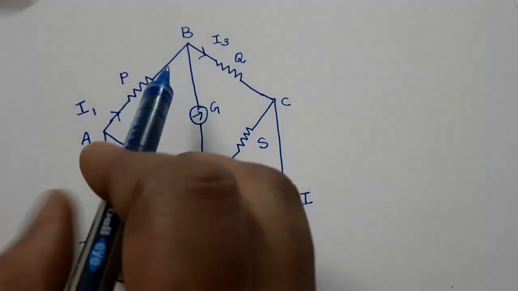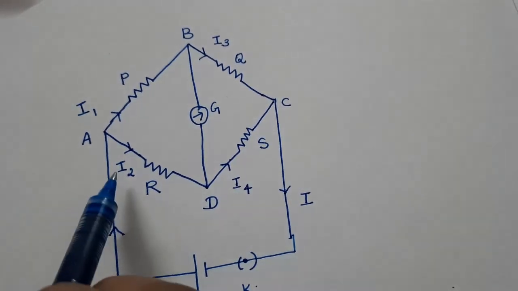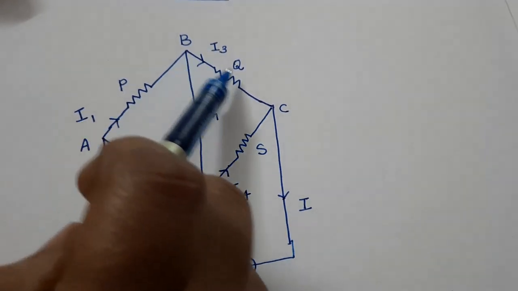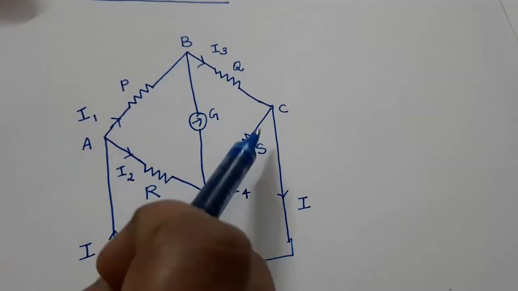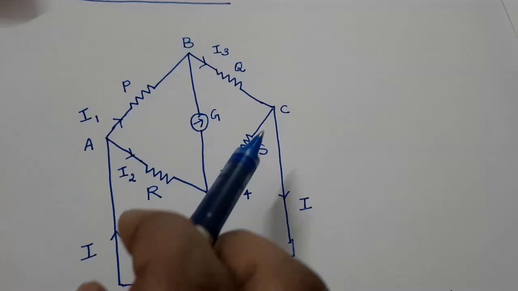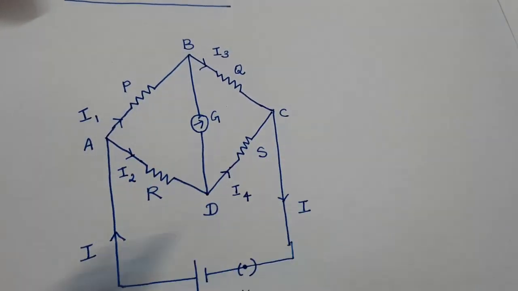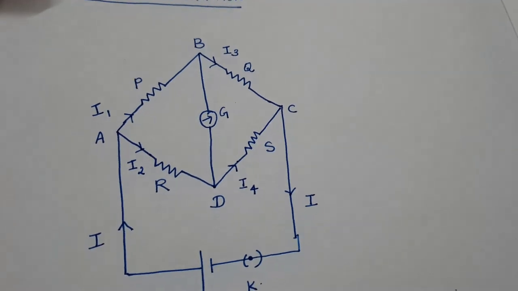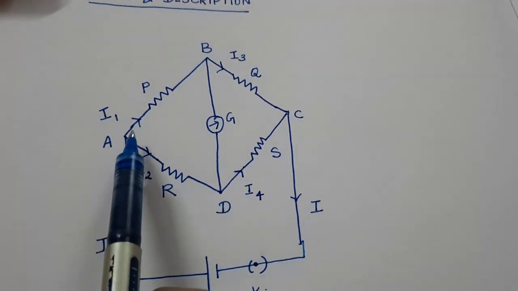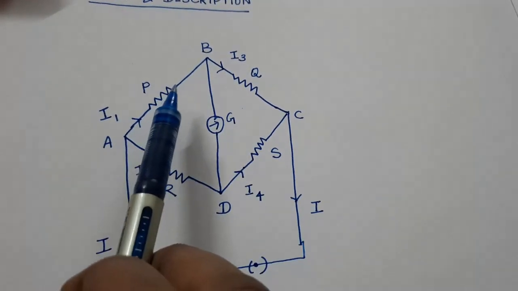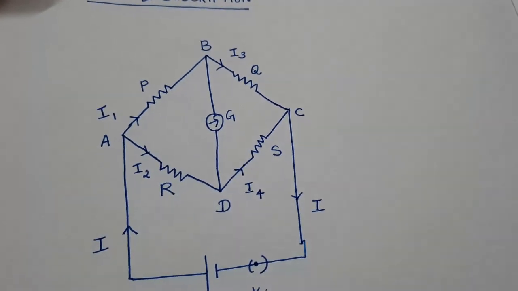See, the I1 current is approaching B, I2 is approaching D, and I3 and I4 are both approaching C. Finally, the same amount of current I comes out of this junction. So the direction of the arrow marks, that is the current, is very important in this circuit.